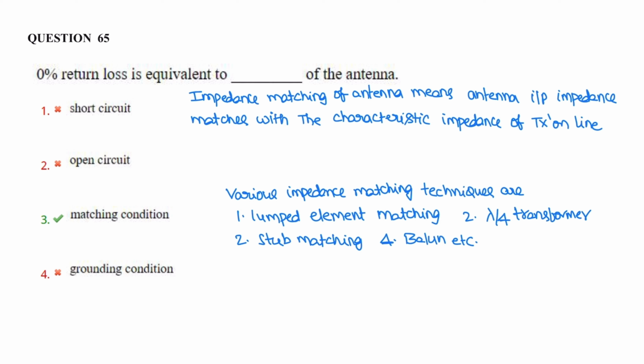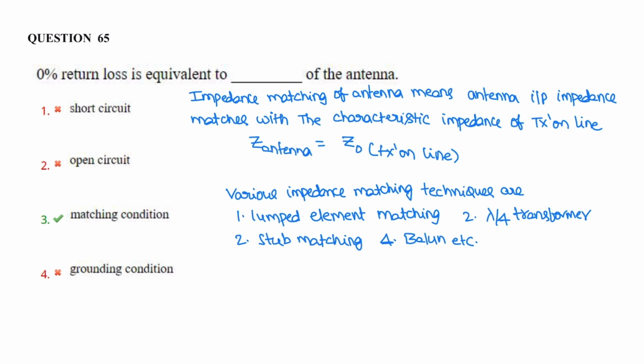So if input impedance of antenna matches with the characteristic impedance of transmission line, then it is said to be matching condition, that is antenna impedance Z is equal to characteristic impedance Z naught of transmission line.